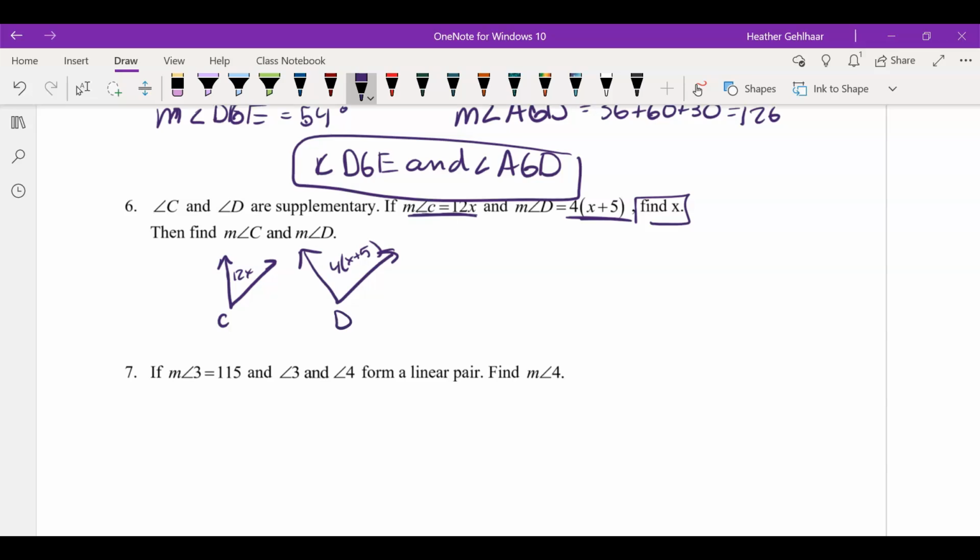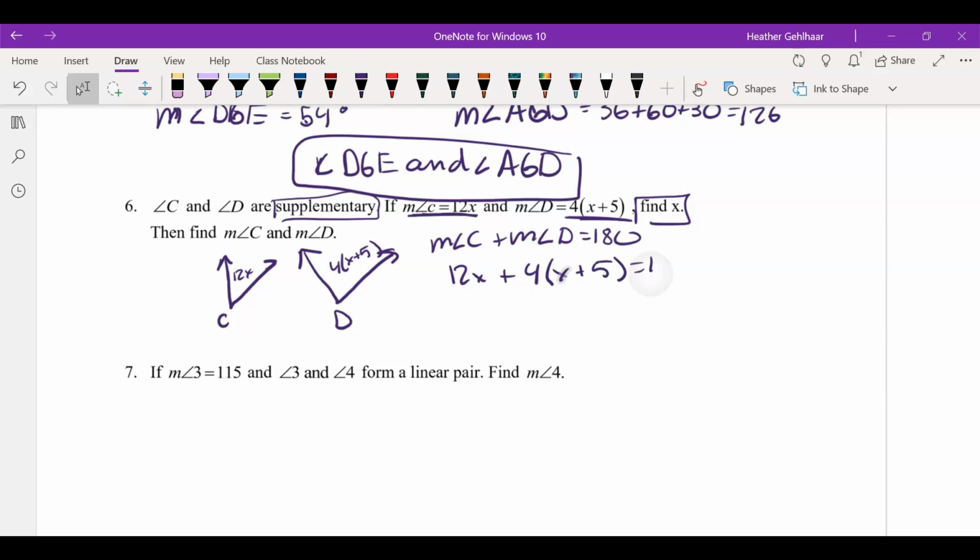So then I know that they are supplementary, which means we can do the measure of angle C plus the measure of angle D equals 180. So we have 12x plus 4 times x plus 5 equals 180. So over here, I'm going to go ahead and distribute the 4. So we have 12x plus 4x plus 20 equals 180.